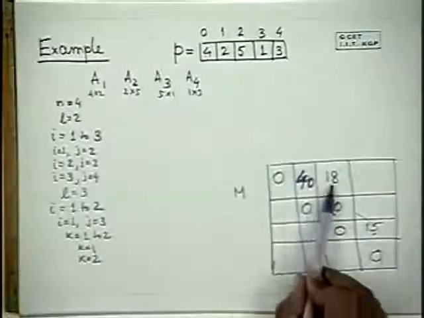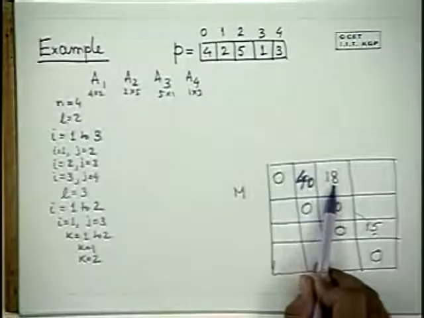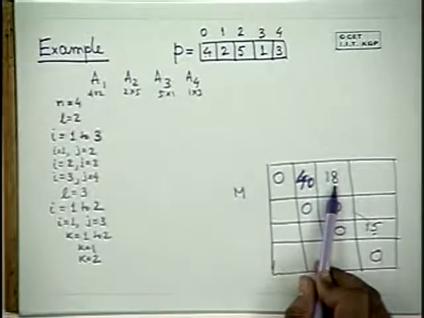Twenty. So 40 plus 20, which is 60. Now this basically means you are trying to update Mij, which was 18 previously, but now it is giving 60, so you will not update it.